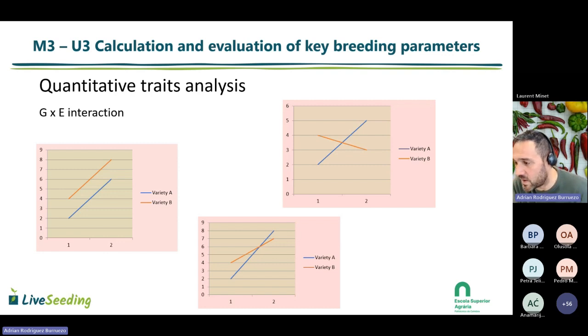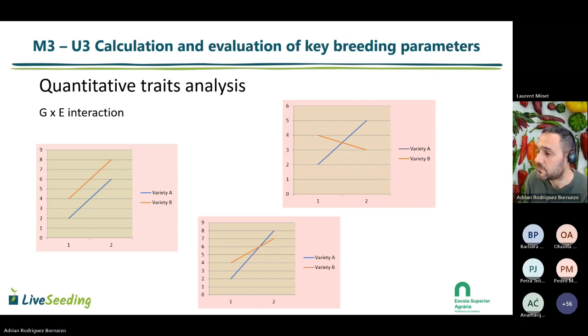Changing from environment 1 to environment 2 increases the performance of variety A. And the same occurs with variety B, which achieves 4 kilos per plant in environment 1 and up to 8 kilos per plant in environment 2.